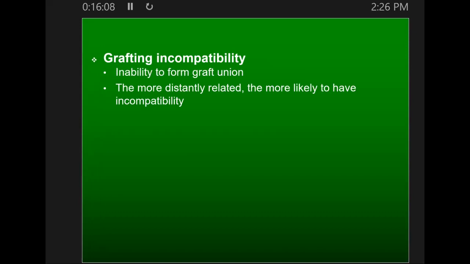It just won't work, so you have to be a little careful about that. You also have to be careful about the size of the rootstock stem and the scion stem. They can't be wildly different in size. They have to be pretty similar. And so there are definitely some things you can't do with grafting.